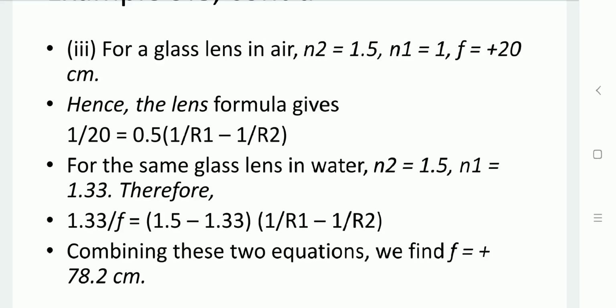So here N2 equals 1.5, and for air to water, the refractive index is given as 1.33, that is N1 equals 1.33. So place these values and we get 1.33 by F equals 1.5 minus 1.33 into 1 by R1 minus 1 by R2. When we combine these two equations, we get F equal to 78.2 centimeter.